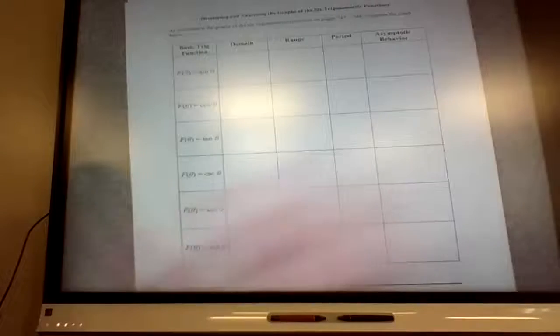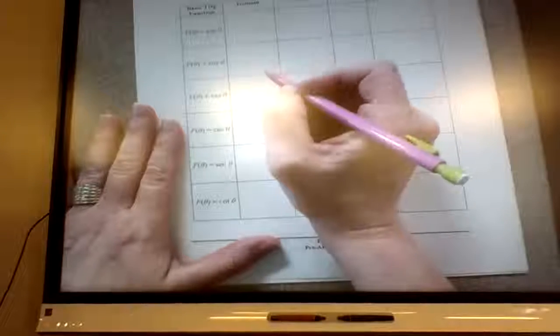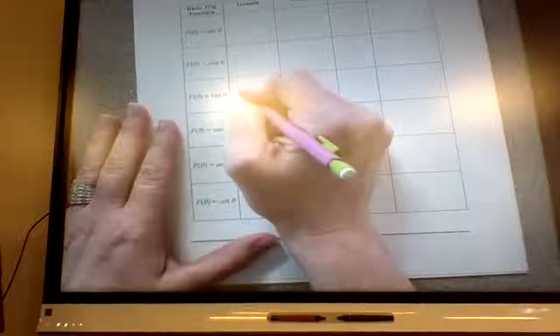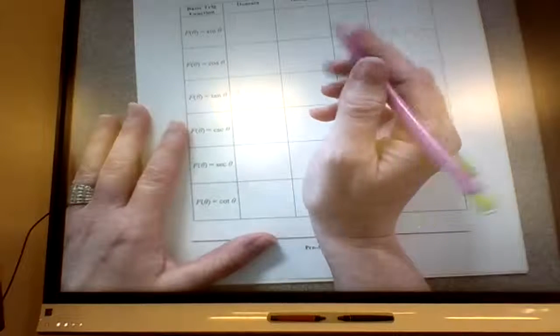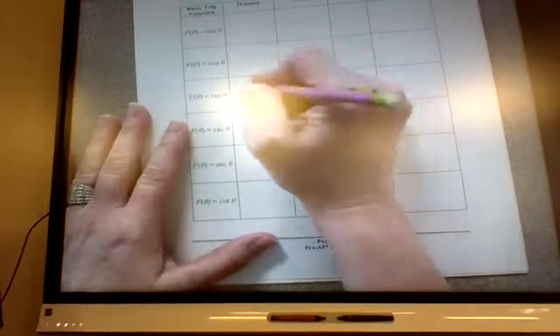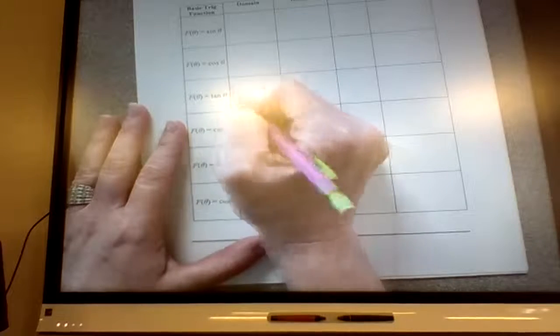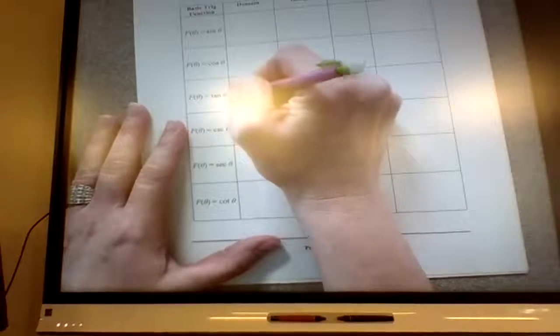All right, let's fill out this chart here. What's the domain for tangent? It's not equal to pi plus 2n.